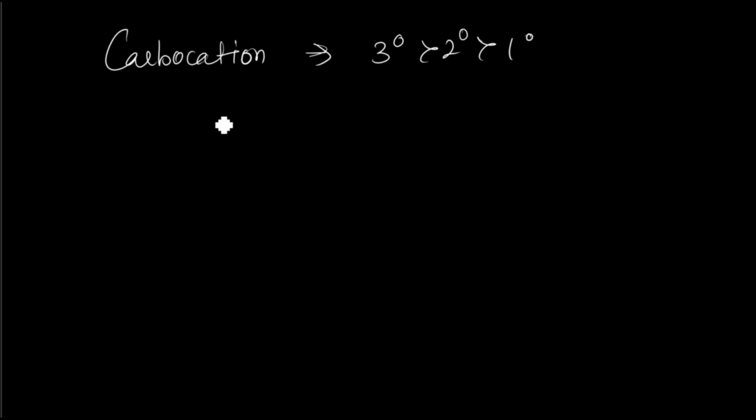In case of carbocation, tertiary is more stable than secondary, then comes primary. The order of electronic effect we know: mesomeric, then hyperconjugation, and then inductive effect. If they are asking for stability or the order of reactivity, I am giving you this order for alcohol.